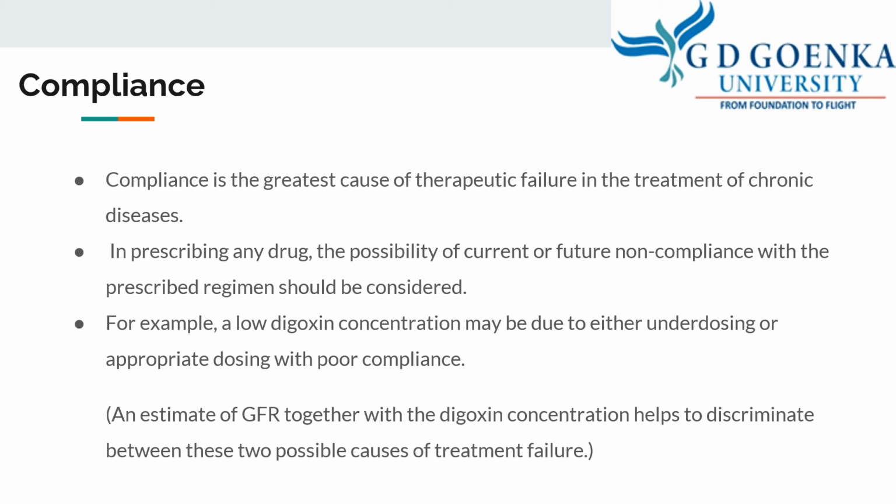Here, an estimated GFR together with digoxin concentration helps to discriminate between the two possible causes of the treatment failure. That means the level of renal failure will be determined by GFR calculation, and therapeutic drug monitoring of digoxin concentration in the blood will help to determine whether the patient is compliant or not.